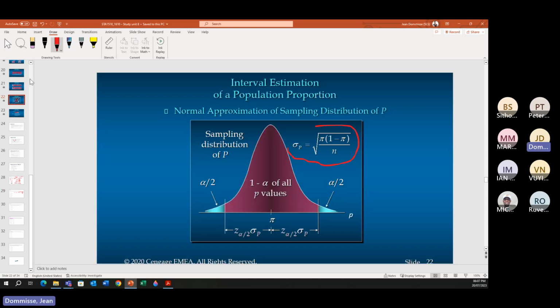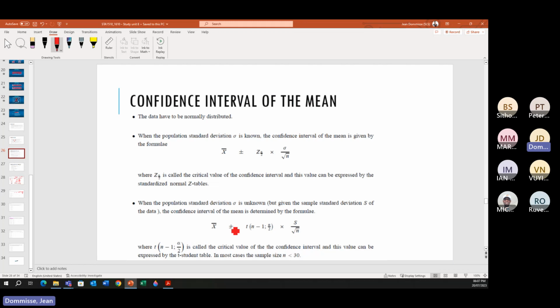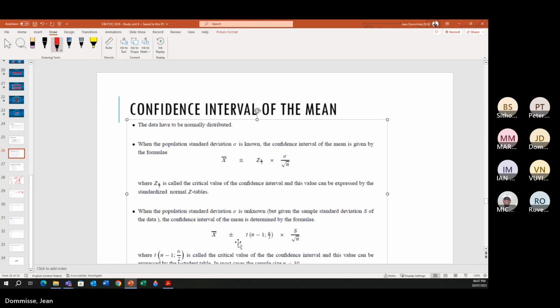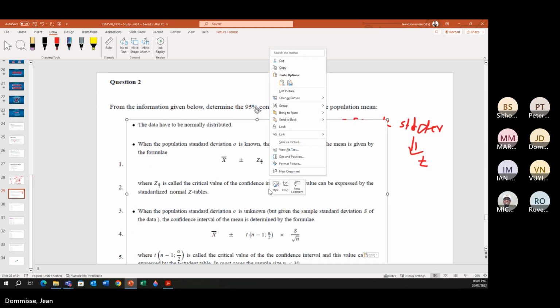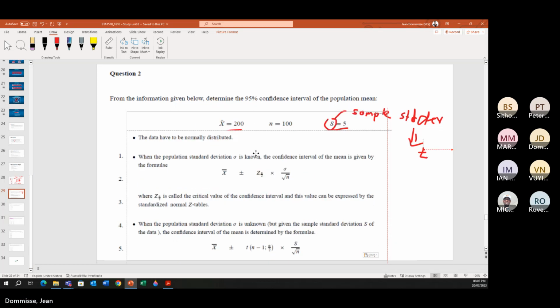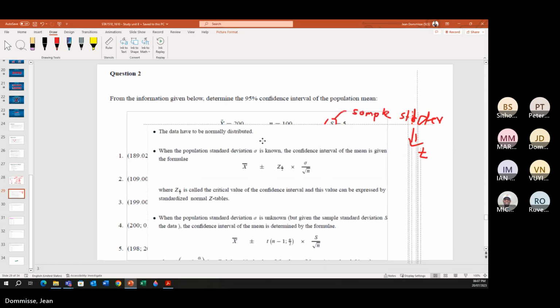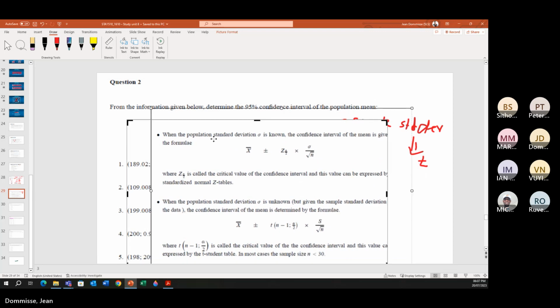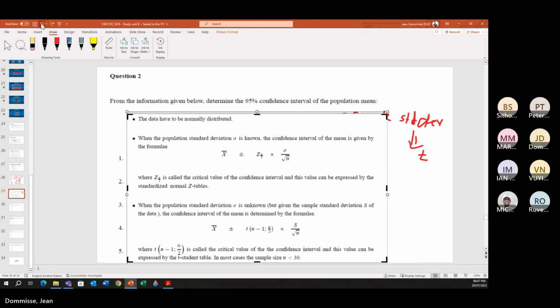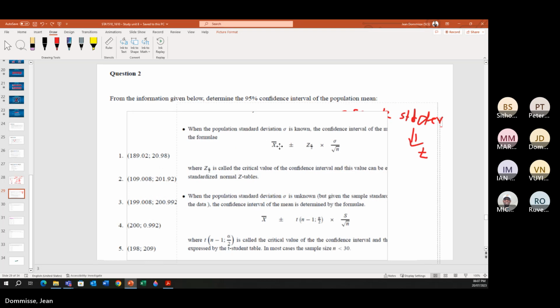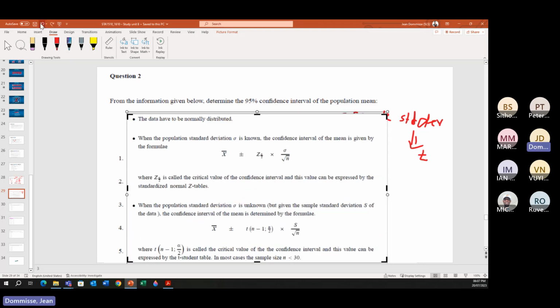Let's just go and see what the formula for the T is. I want to quickly put this in for you so that I'm not working with the wrong one.